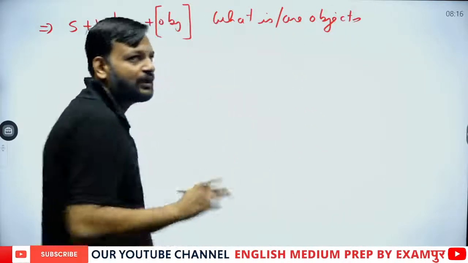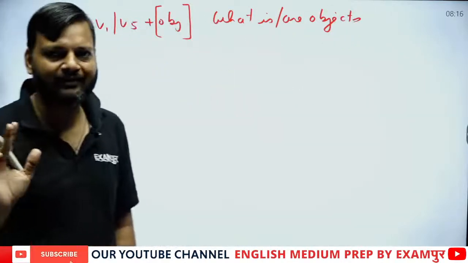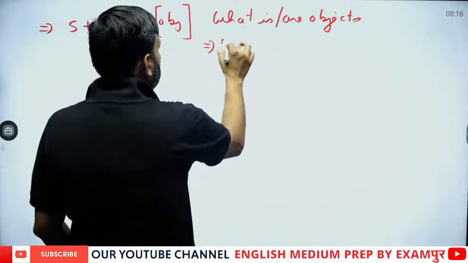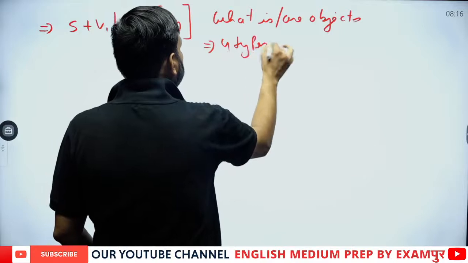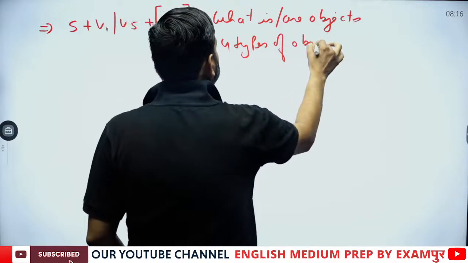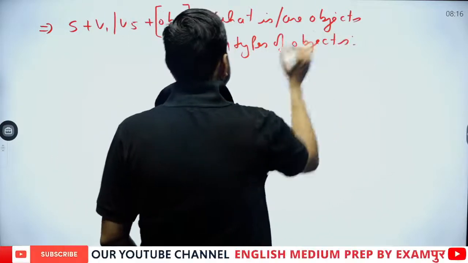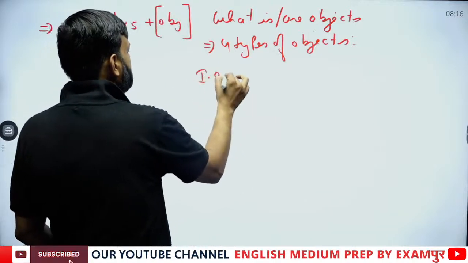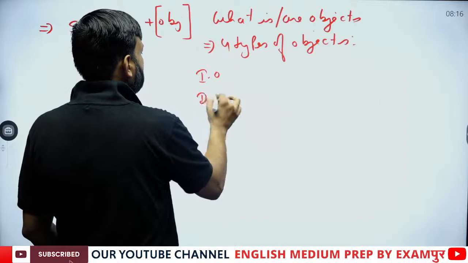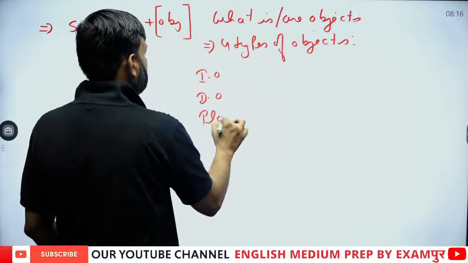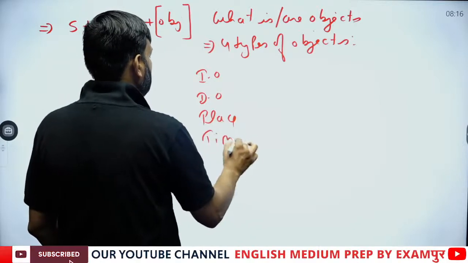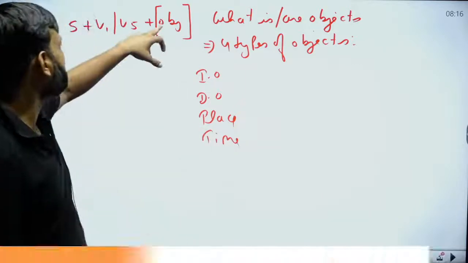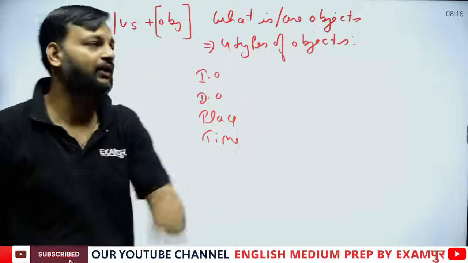I'm writing "are" because there are four types of object in a sentence: indirect object, then direct object, then place, and then time. So in a sentence objects are of four types. When I write object here, it means four objects, right?